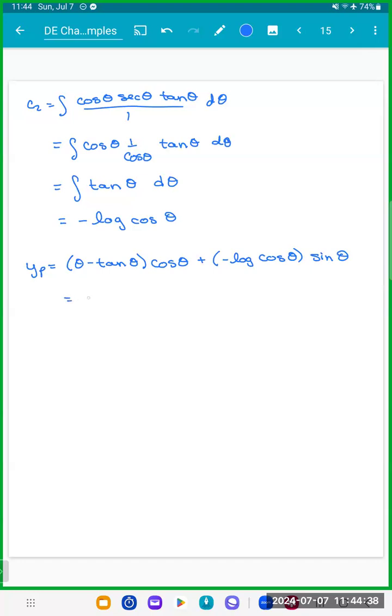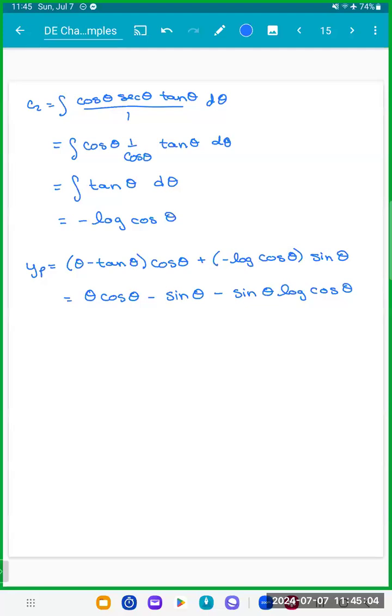Simplifying this, let's do the theta first: theta cosine theta minus sine of theta, right? Tangent times cosine is going to give us a sine of theta, minus sine theta log cosine theta.